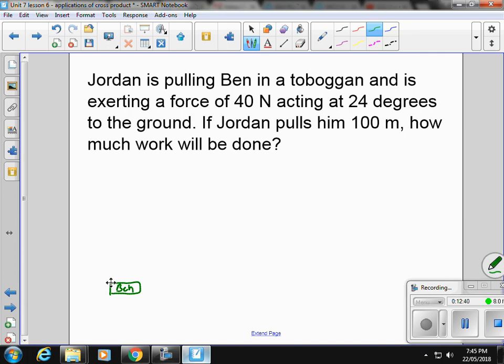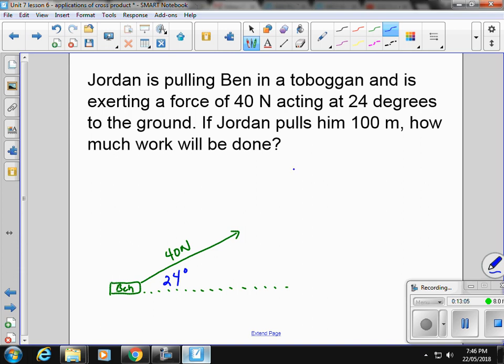And he is being pulled 40 newtons, but not just directly forward. There's kind of an upward pull as well. And looks like he's pulling him on grass. But anyways, 24 degrees to the ground. And we want to know the work being done.